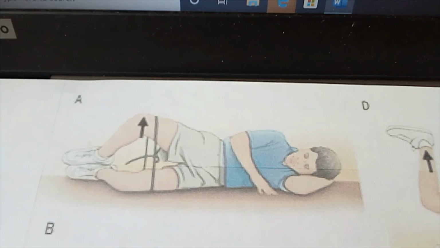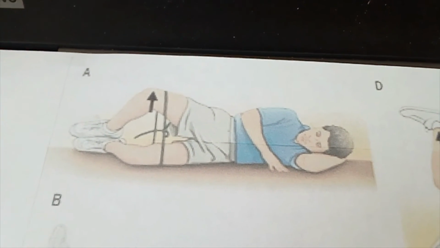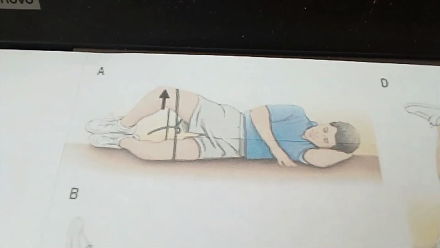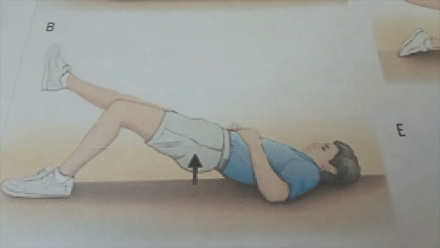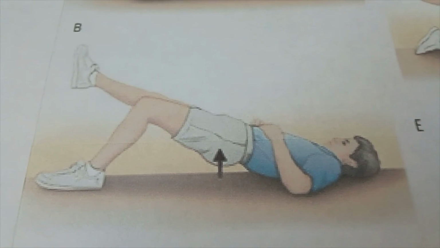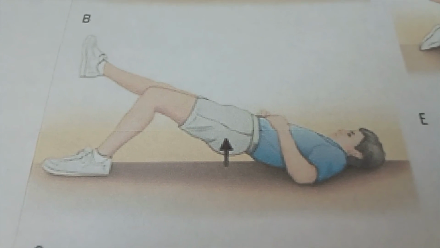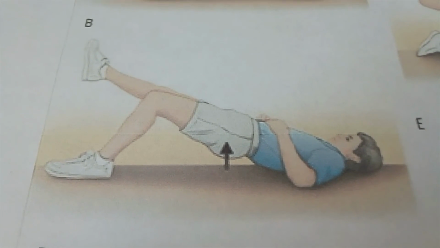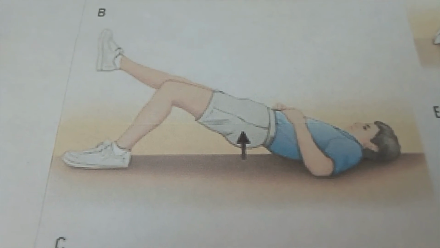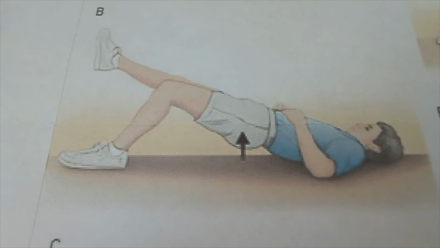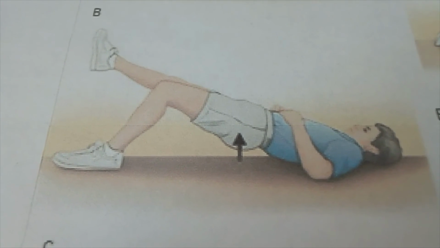So there's external rotation at the hip, and then bring it back down. The next one is a single leg bridge. So lying on your back, with one knee bent and the other leg straight, we're going to be lifting the buttocks off the floor using the leg that is bent.